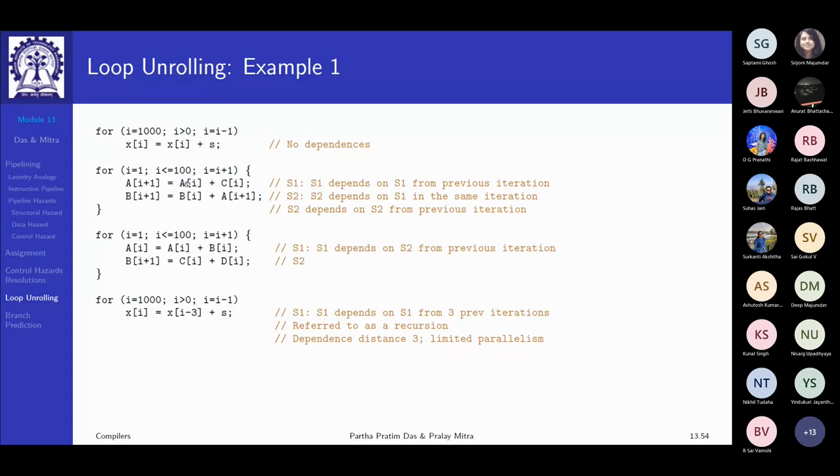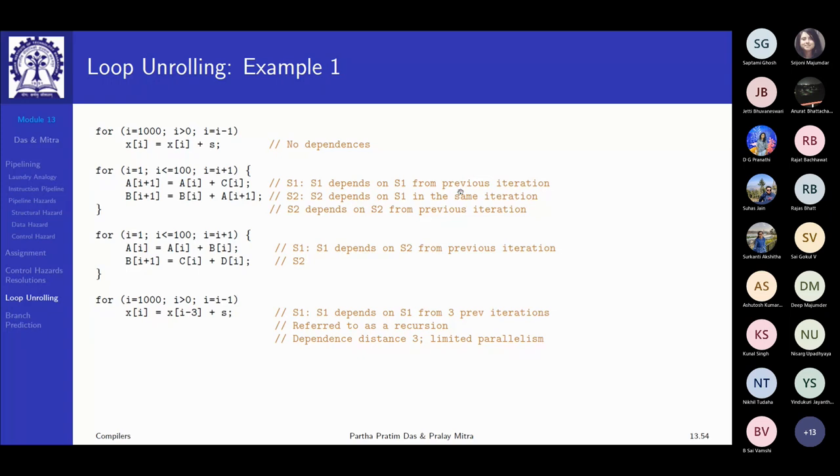So if you look at the first instruction here, say S1, when I'm computing for I plus 1 in the loop, I am actually using the value of AI, which has been computed in the previous iteration. So S1 actually depends on itself from the previous iteration.